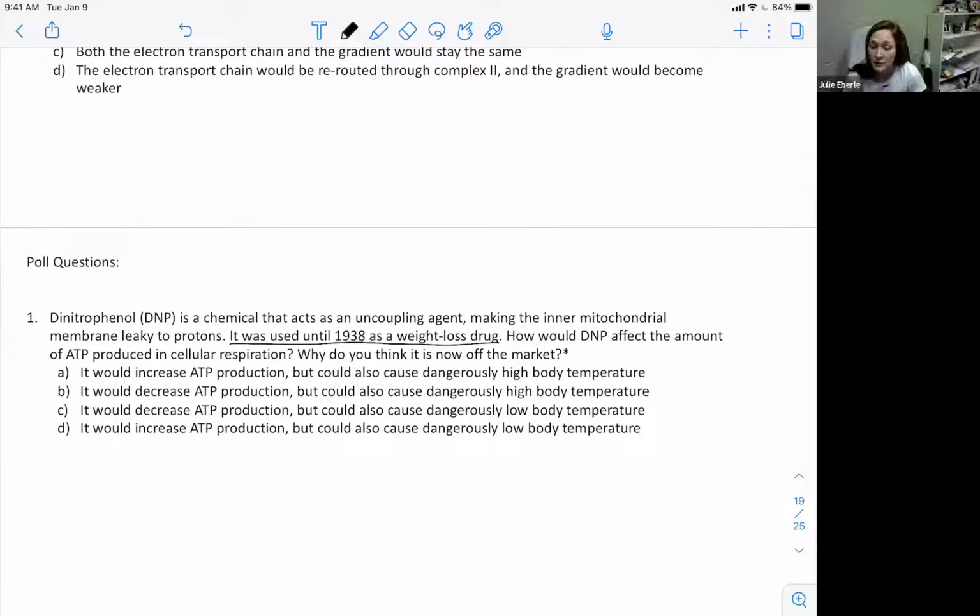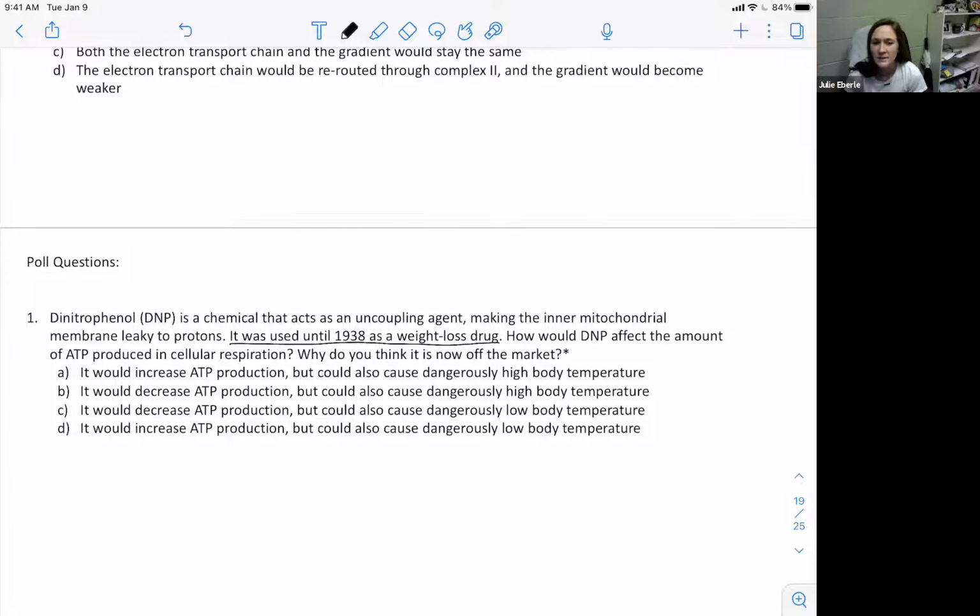Okay, and that we would increase ATP production in that. Yeah. I picked A as well because I figured if the hydrogen ions are able to move back and forth, it can create as much ATP as it wanted to. That's what my thinking was behind it. Okay.